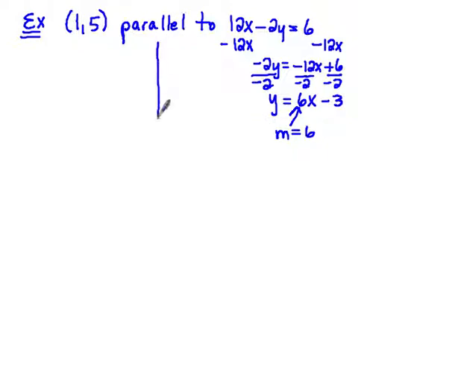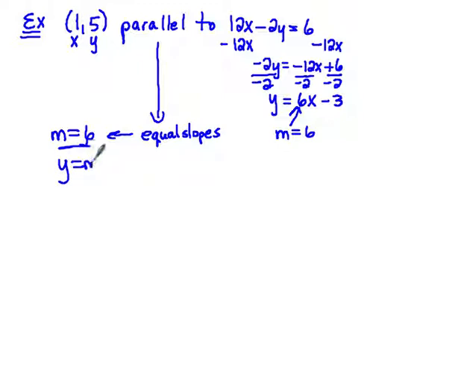We know that parallel lines have equal slopes. So the slope of my line is m = 6. Now I have an x value, a y value, and I have a slope. So I have y = mx + b.